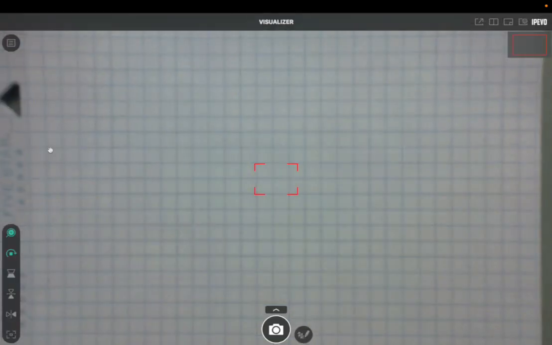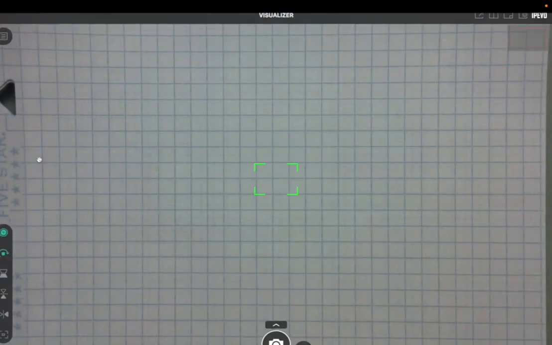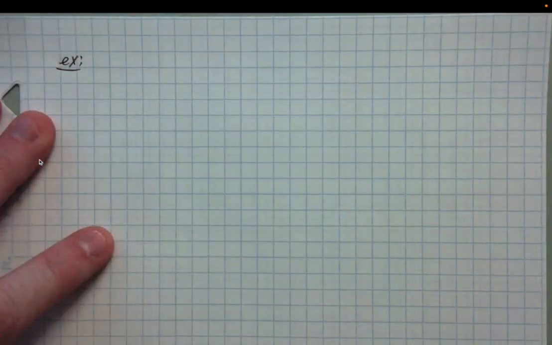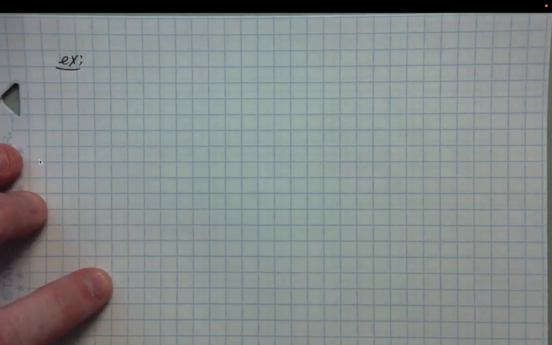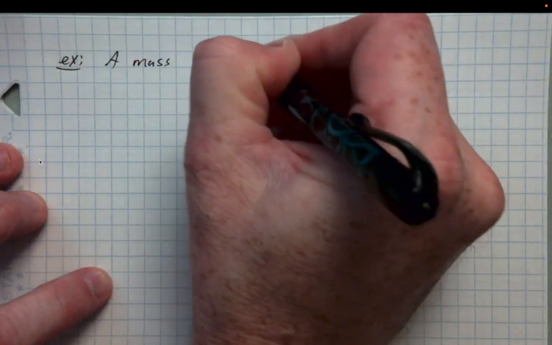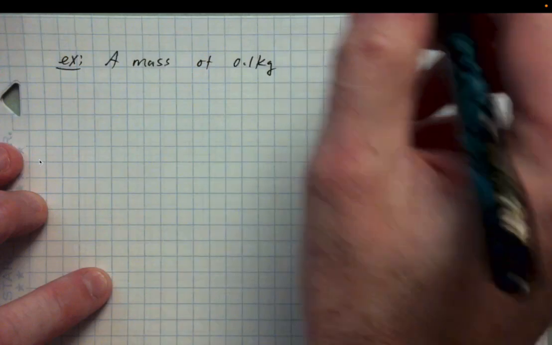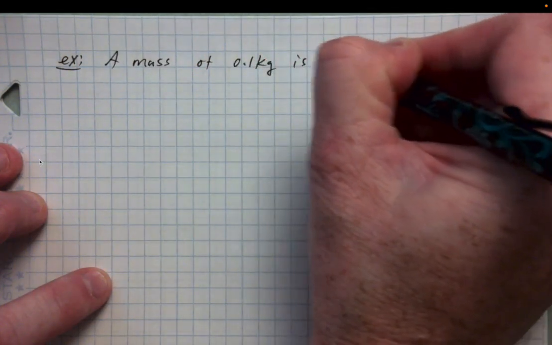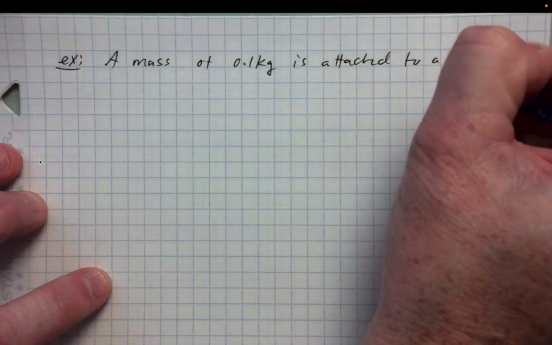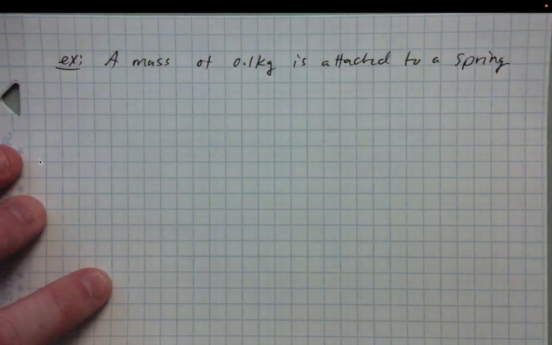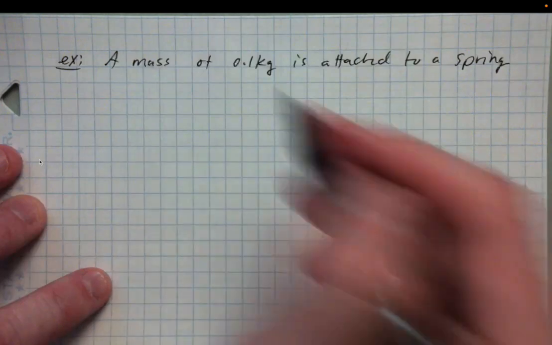Okay, so let's do an example where we use this. We'll say that a mass of 0.1 kilograms is attached to a spring on a horizontal frictionless track.